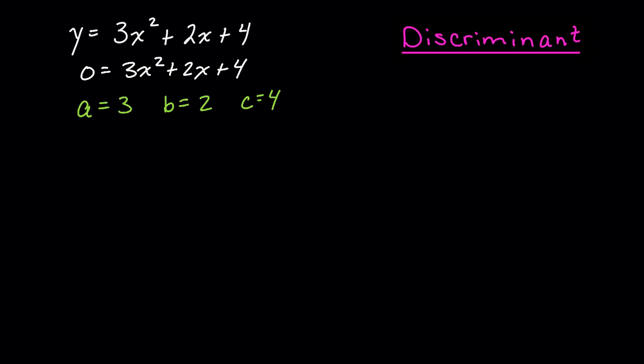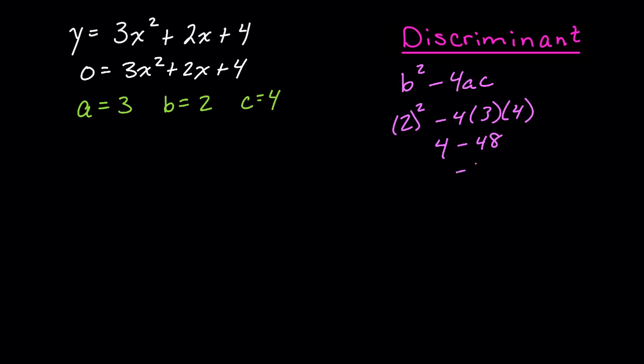Let's go ahead and think about our discriminant so we can think about the answers that we're going to end up with. Your discriminant is b squared minus 4ac. That would be 2 squared minus 4 times 3 times 4. Well, that's going to give us 4 minus 48, which is a negative 44.